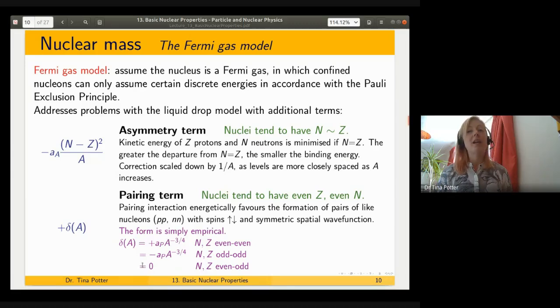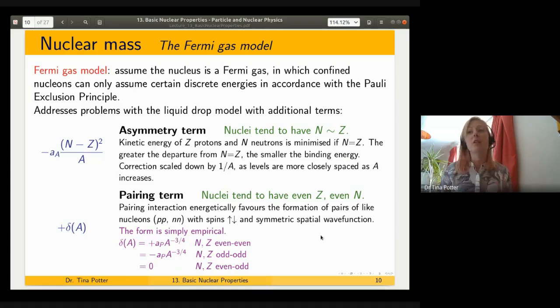It's not going to do anything. It's going to be equal to 0 if we've got one even and one odd. And it's going to subtract something from the binding energy if we have an odd nucleus. So basically, this is going to try and account for the fact that neutrons or protons, pairs of them, actually favor when you've got their spins pointing in opposite directions, i.e. when they've paired up.